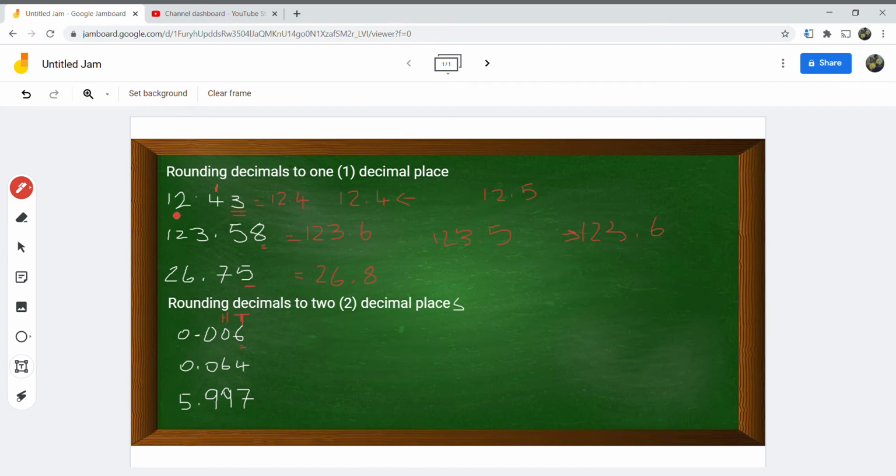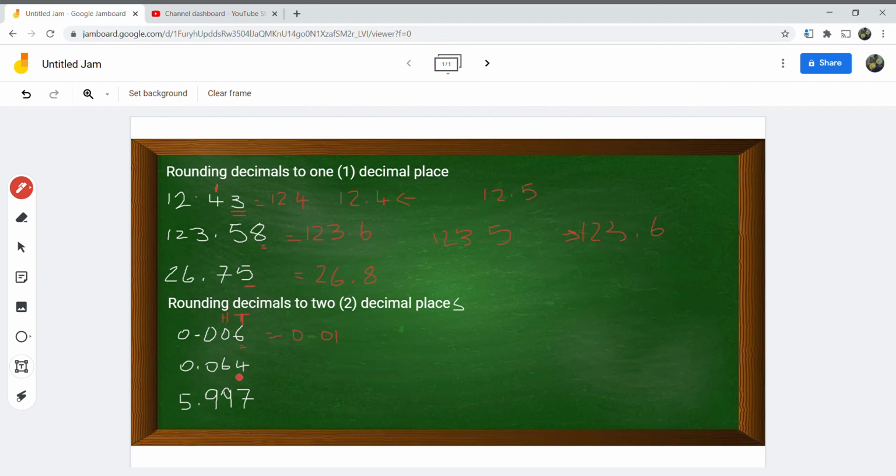Because as you know, it's 12.4. Notice the hundredths position is here. It's the same thing we're going to do here. So we're bringing back everything in front of the thousandths. So your answer would be 0.01, 2 decimal places, because we are going to round it up.